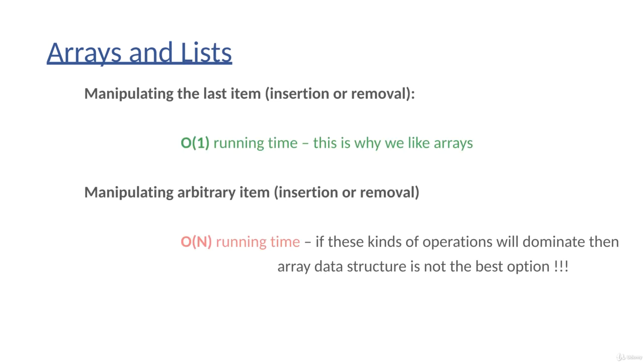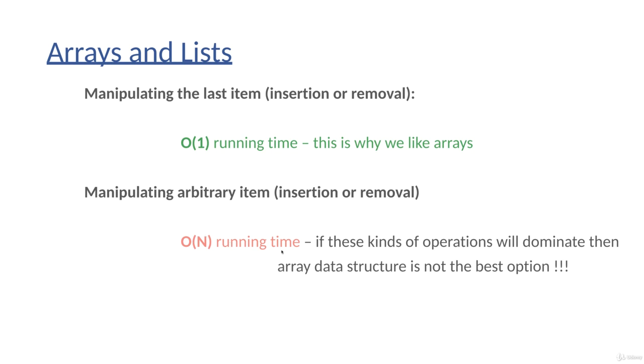So we can come to the conclusion that if we want to manipulate the last item of an array data structure, whether we insert a new item or we remove a given item, then it is going to be fine. This is why we like arrays. But if we want to manipulate arbitrary items, whether we are inserting new items at arbitrary positions or removing a given item from an arbitrary position, these operations will have order n running time complexity.